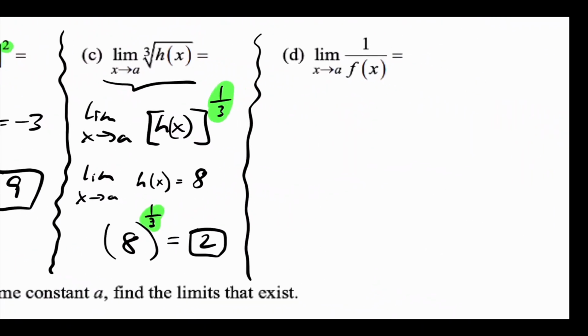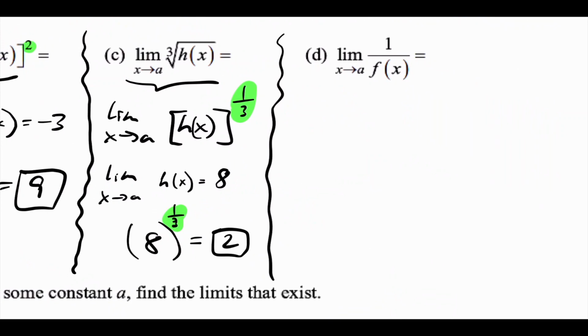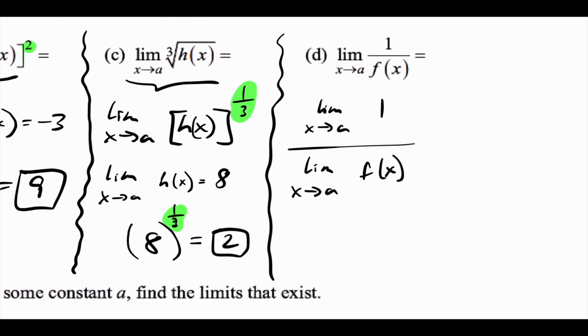Okay, so this is what I'm going to do. I'm going to rewrite it. I'm going to say the limit as x approaches a for 1 over the limit as x approaches a for f of x. So I'm dividing it up into 2 problems, and then I'm going to divide those.